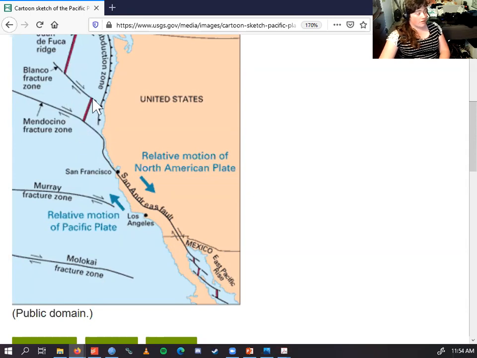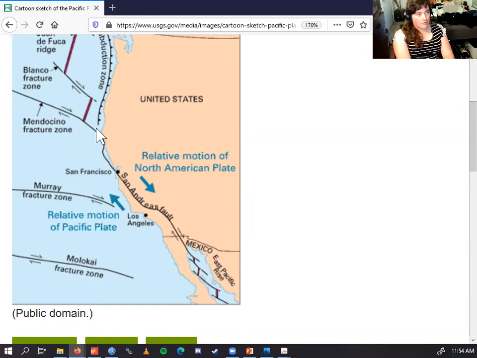This mid-ocean ridge where oceanic crust is being made off the coast of Oregon is actually connected all the way to another one down here in the Gulf of California. You can see that there's a couple more of these red segments down here. So the San Andreas Fault is basically a giant connector segment for two ocean ridges. It's just one that happens to traverse the entire length of California, which I find kind of cool.